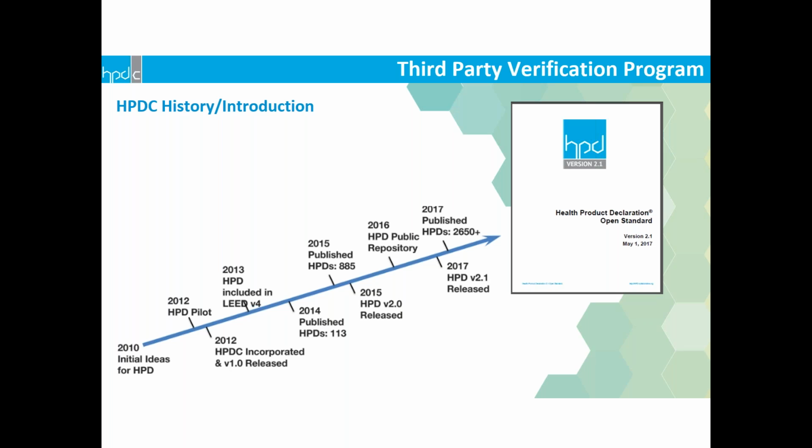We're finding ways to refine the standard as well as improve the quality of the HPDs. And Nicole mentioned earlier that we're starting to get a lot of traction. The slide says we have 2,600 plus. That's now actually, we're over 3,100 as of this morning. I think we had 3,176 HPDs that have been published so far.